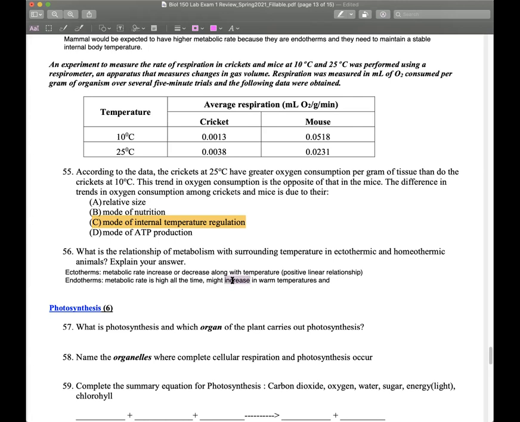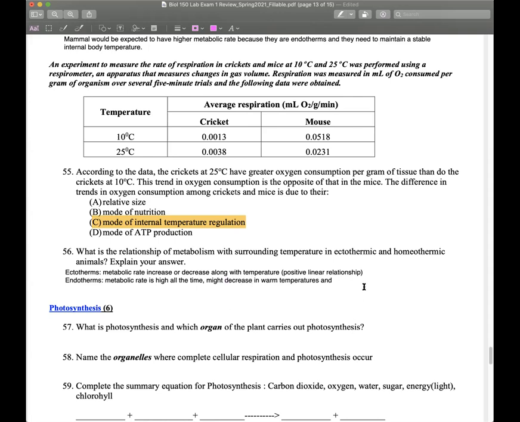Yeah, it's a little bit more complicated. It's not quite as cut and dry as they're presenting it. For the most part, endotherms have a pretty stable metabolic rate, and the changes that you see according to temperature are much smaller compared to the changes you see in the ectotherm. The ectotherm's metabolic rate is very tightly linked to the external temperature. So for endotherms like us, our metabolic rate is pretty stable. In warmer temperatures, it might decrease a little if it's really hot outside.